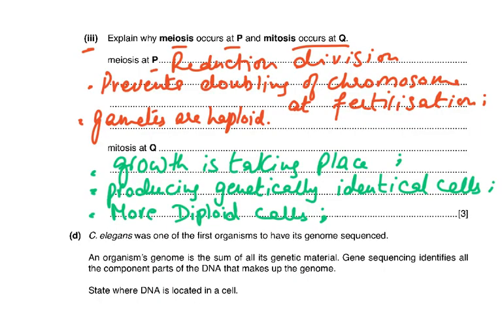So meiosis, reduction division, prevents doubling of chromosomes at fertilization. You see, if the gametes weren't haploid, then every generation the chromosome number would double. And gametes are always haploid. Mitosis at Q, growth is taking place, producing genetically identical cells and more diploid cells.